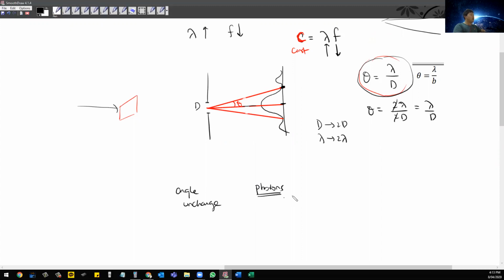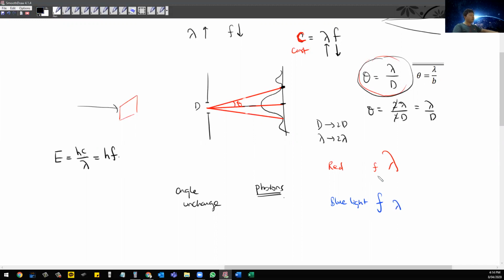This is something that we haven't done yet. So when you have red light versus blue light, when we study quantum mechanics, we find this formula, energy is equal to hf, or hc over lambda. This is the energy of each photon. What that means is red light has a lower frequency compared to blue light, and red light has a longer wavelength compared to blue light.